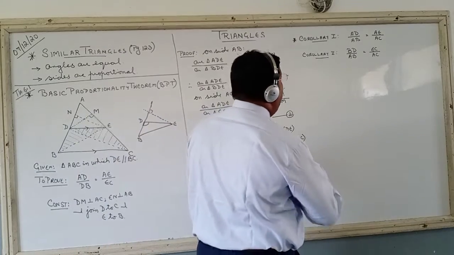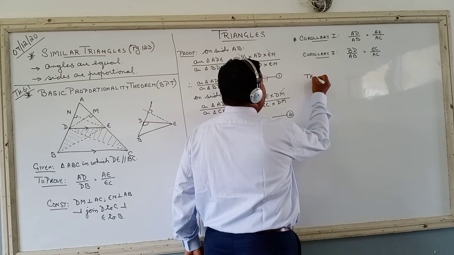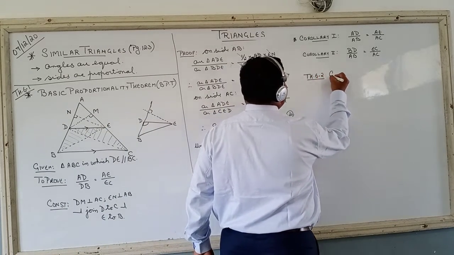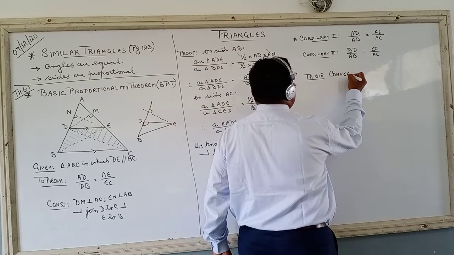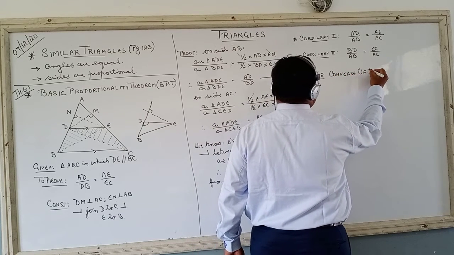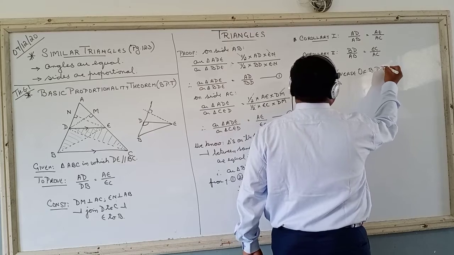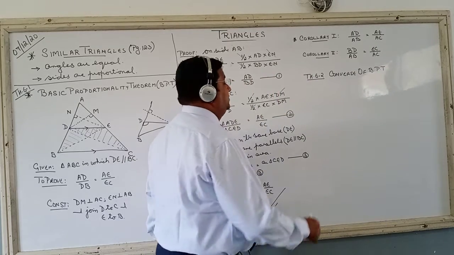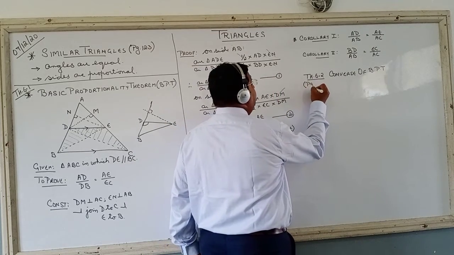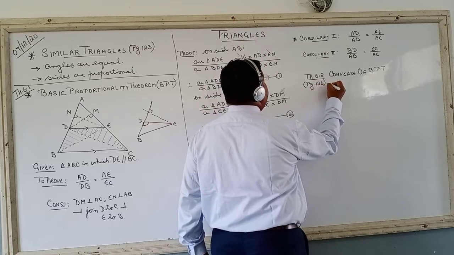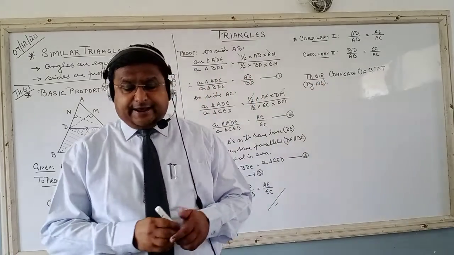Theorem 6.2. We don't need to prove it. It is the converse of BPT. Please check the statement in your textbook, page number 126 of the NCERT book. What does it say?